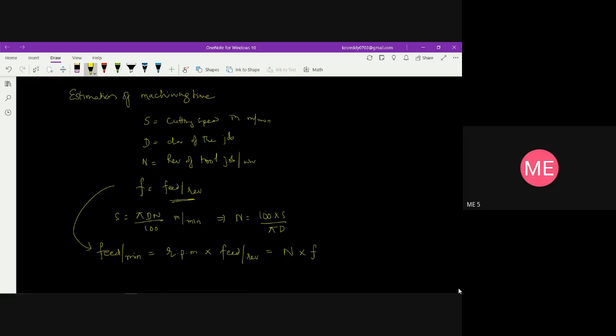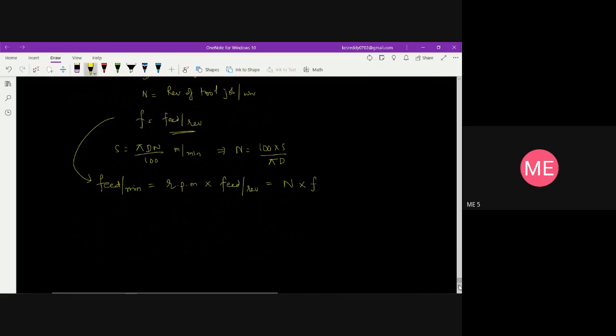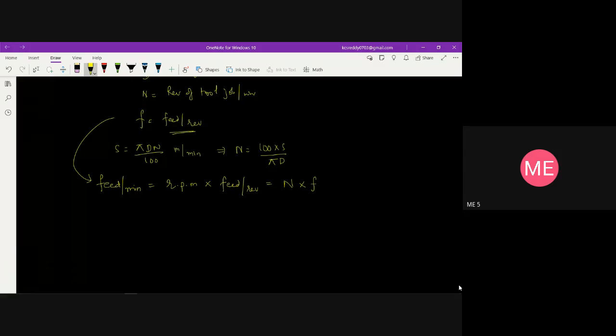From this I can use the machining time calculation, which we have already studied in MCW, the metal cutting. Machining time can be taken as length of cut divided by feed per minute, or directly L by F into N, because if you substitute directly, the feed has to be taken as feed per revolution.